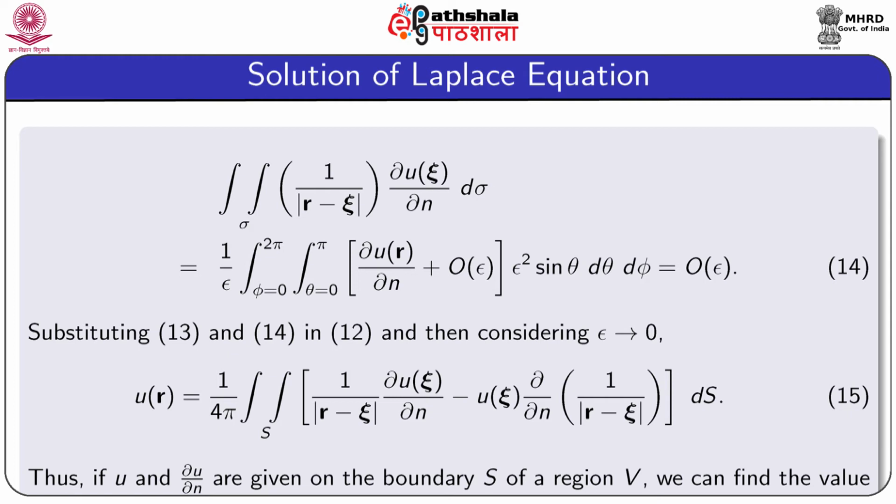So, from this expression you can see that the value of u at an arbitrary point P, which is denoted by u(r), can be written in terms of the surface integral of the quantity written in equation number 15, and to find the value of u at P, we need to know the values of ∂u/∂n and u over the surface S. So, if these two quantities are known, we can find u at an arbitrary point P. Similarly, in case of the exterior Dirichlet problem, we can obtain a relation which is given in equation number 15.